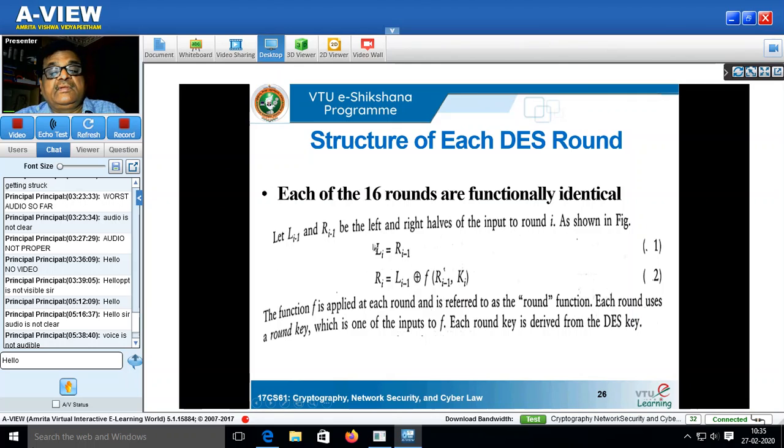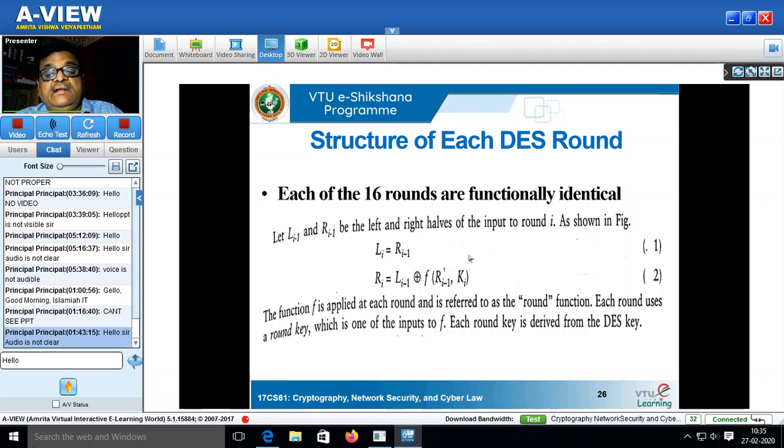And what was the left side of the output of the earlier round is becoming the right side here. Then we are carrying out the XOR function of R(i-1) and Ki.